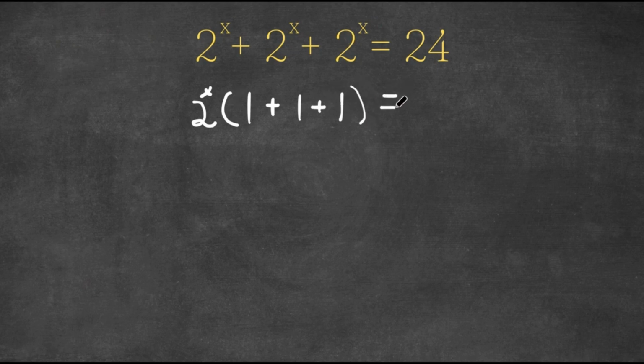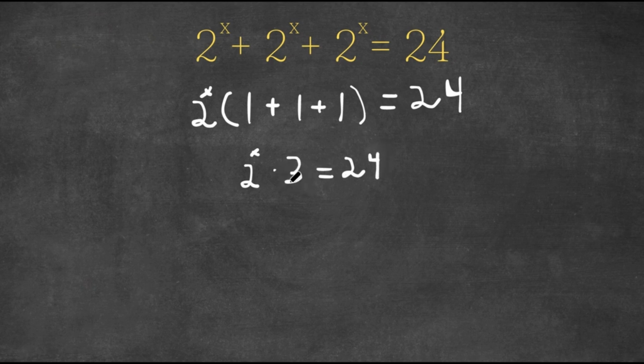And this equals 24. So now we have 2 to the power of x times 1 plus 1 plus 1 is equal to 24. Now, if we add what's in the parentheses, 1 plus 1 plus 1, we get 3. So we get 2 to the power of x times 3 is equal to 24.